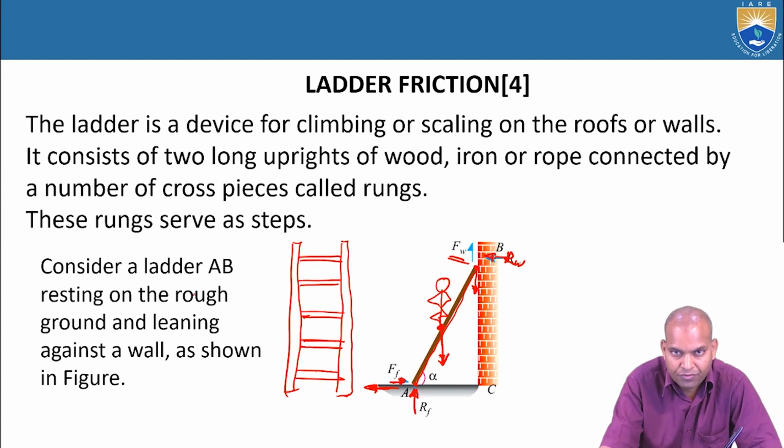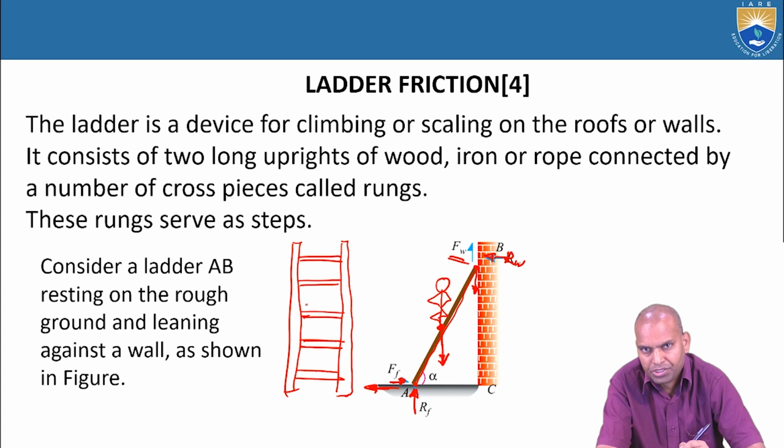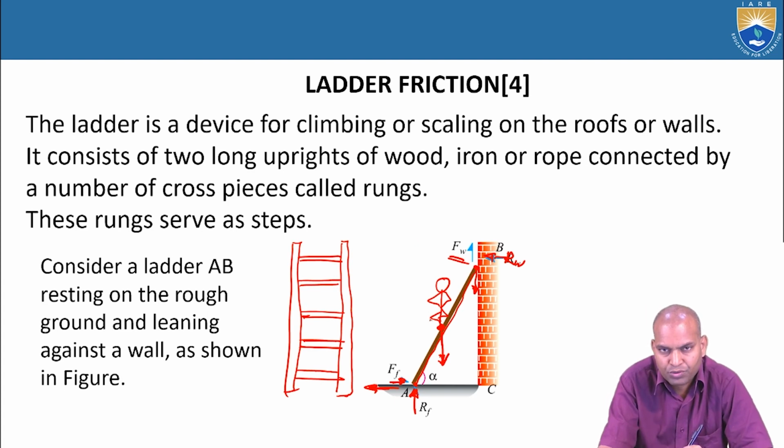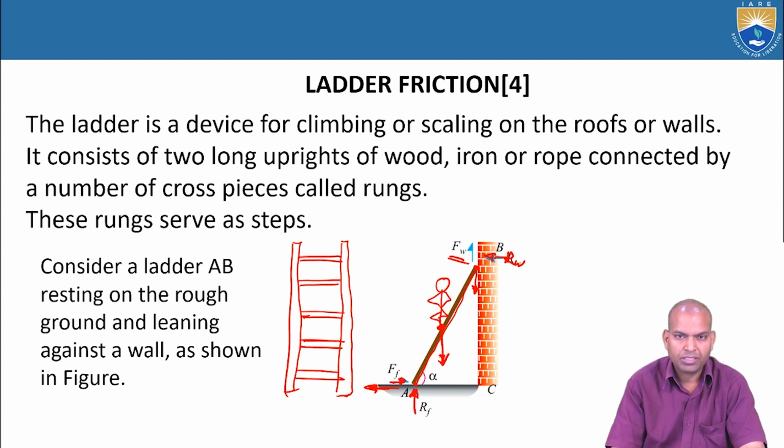There are two points of contact: point A with the floor and point B with the wall. In the downward direction, one more force is acting vertically downwards, that is the weight of the person standing on the rungs of the ladder. This is the main concept of ladder friction.